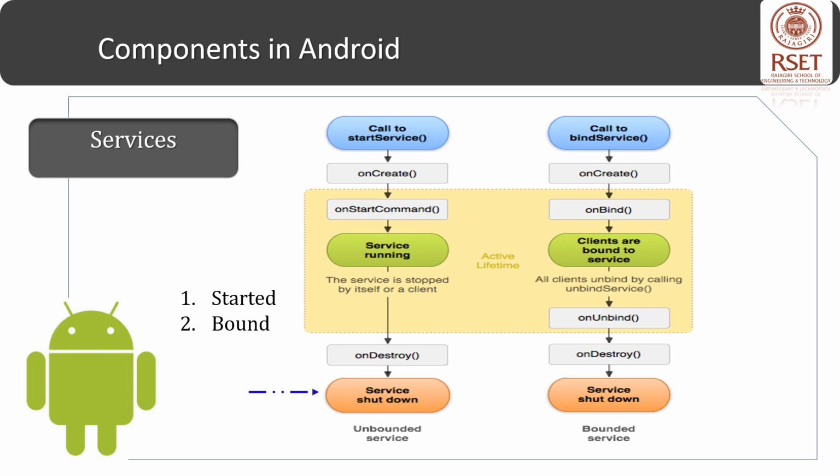Now let's see the scenario where a bounded service is invoked. Consider a situation where I'm playing music on my phone and I want to get information about the current song that is being played.